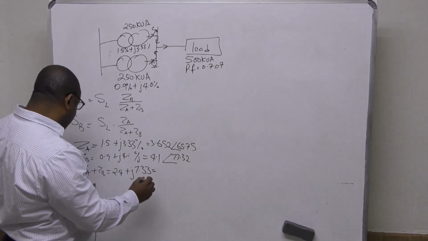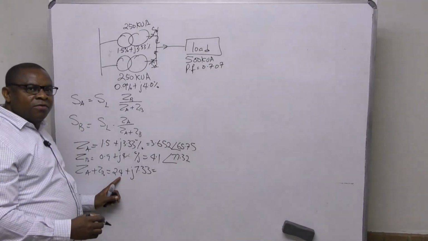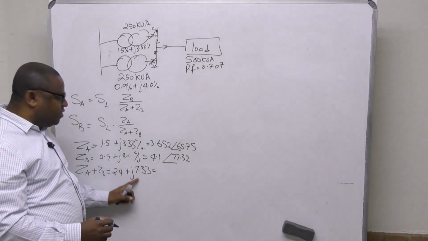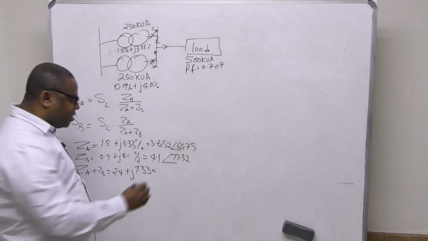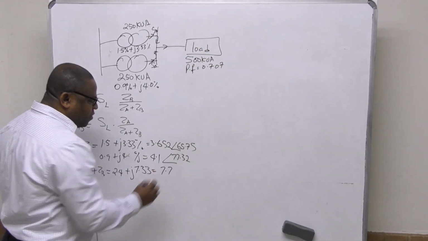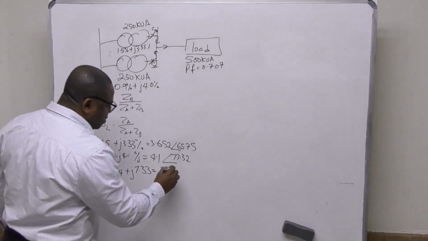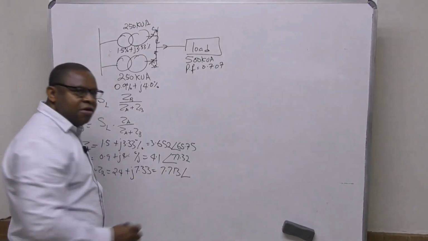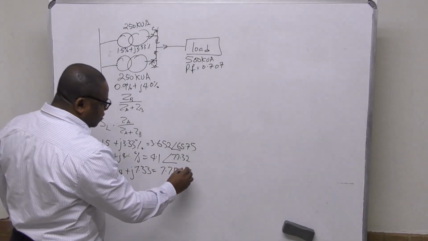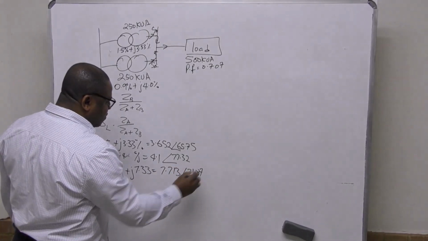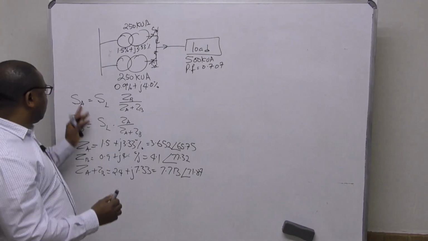And even ZA plus ZB, which is 2.4 plus j7.33, you just check if you got the same as 7.713 with its own angle of 71.87. So once you have that, we're going to substitute this here.